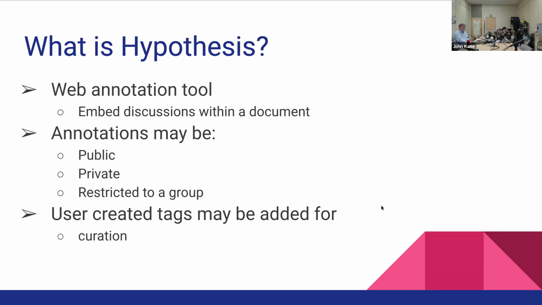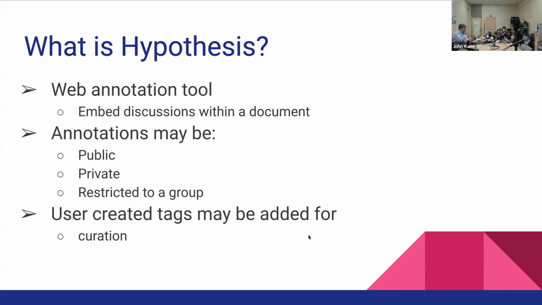In either case, whether it's a standalone account or within a class, users can generate tags that can be used to curate materials, so that they could use it to classify articles they're reading, or comments, or types of feedback.